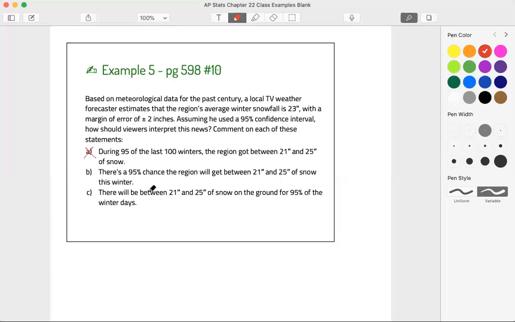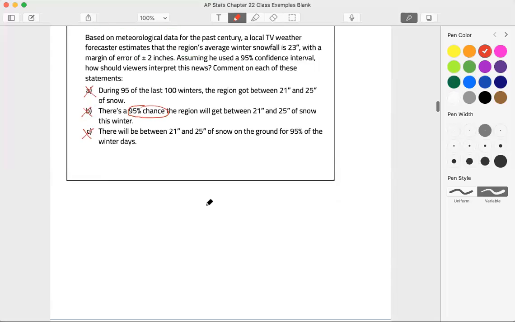B, there's a 95% chance that the region will get between 21 inches and 25 inches. Well, this is given a chance or a probability, so this is wrong. C, there will be between 21 inches and 25 inches of snow. Well, this is, again, not true. We're guessing what the true mean will be.